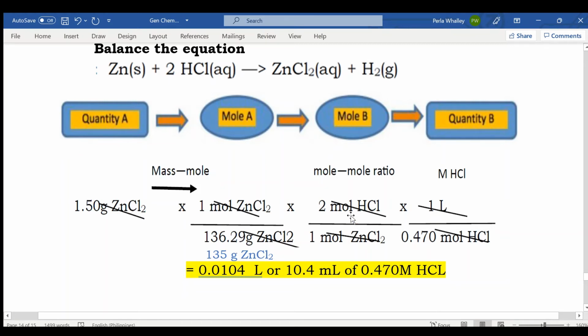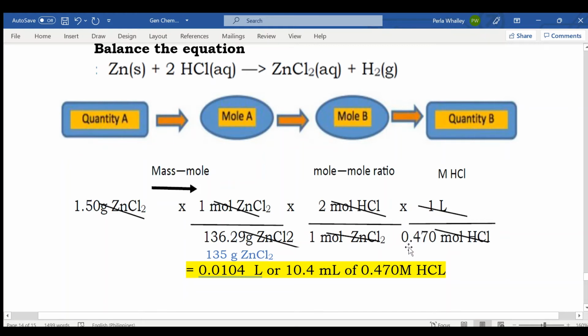Okay? So arrange this mole ratio depending on what you need to cancel out. So we have here mole zinc chloride. We need to cancel it out. So we put the mole zinc chloride at the denominator. Then next, we have mole B in 1 liter of solution of HCl.